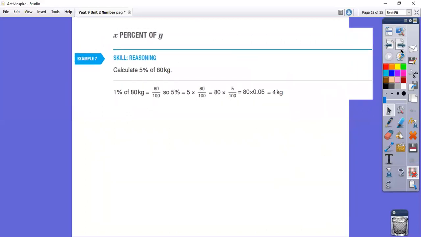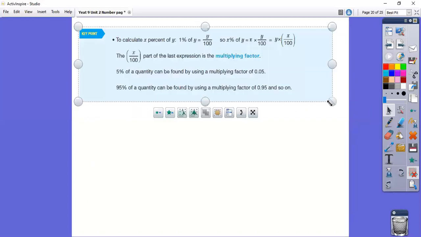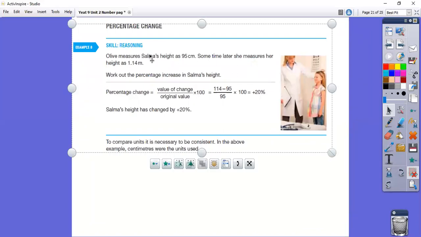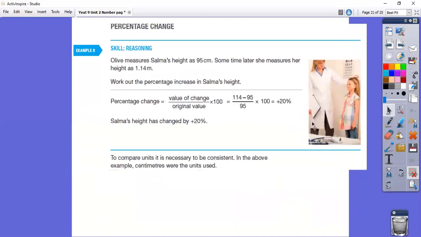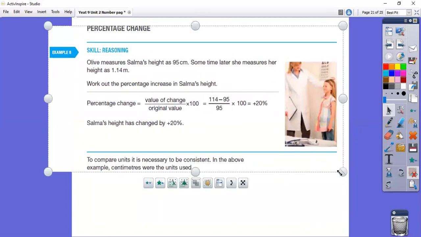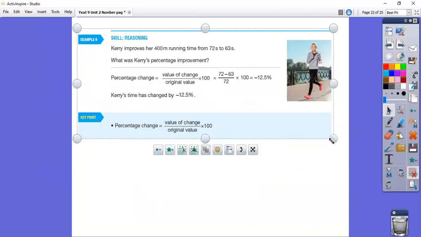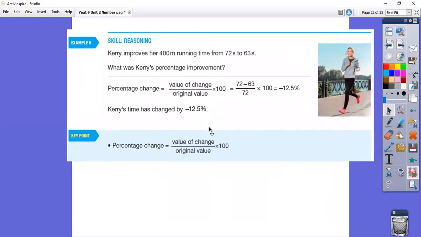Again, more examples. Then a review of how to express one number as a percentage of another. And then you've got another example here, and a few more examples. This is just working out percentage change.